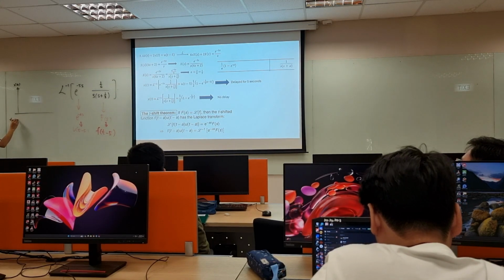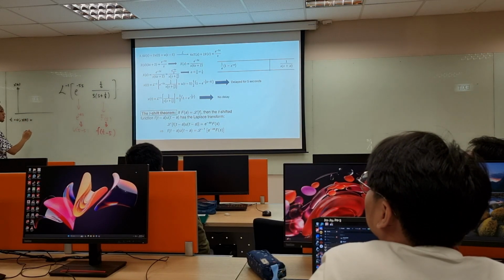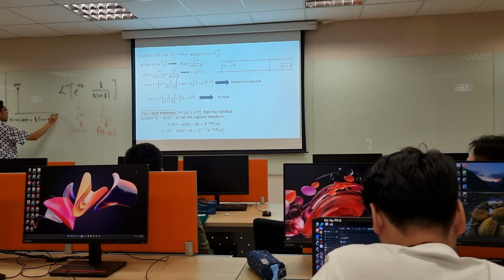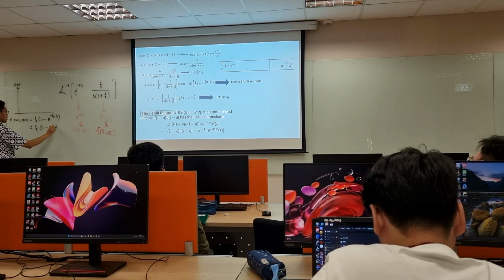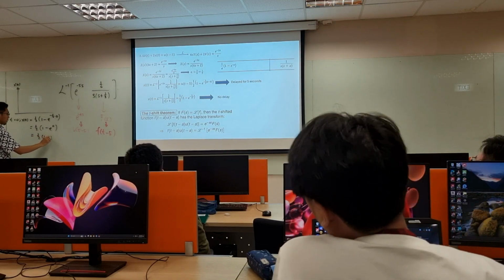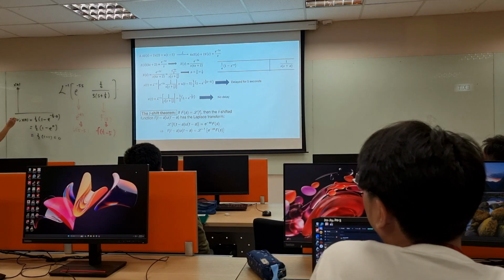When t equals 0, x(t) is equal to half times 1 minus e to the power of minus something times 0. So this is half times 1 minus e to the power of 0, which is 1, right? So half times 1 minus 1, which is 0. So it starts from here.